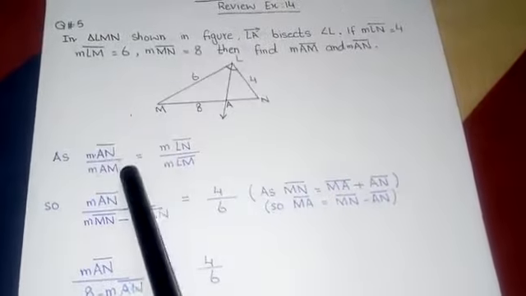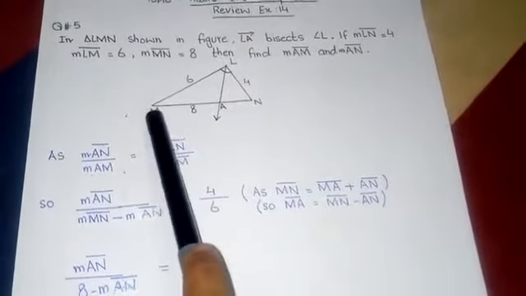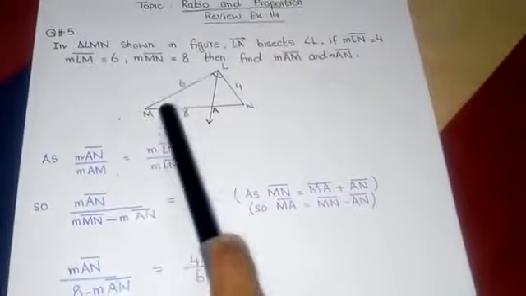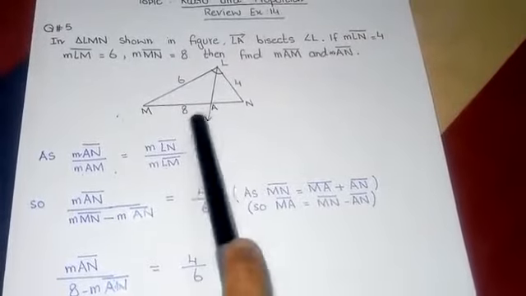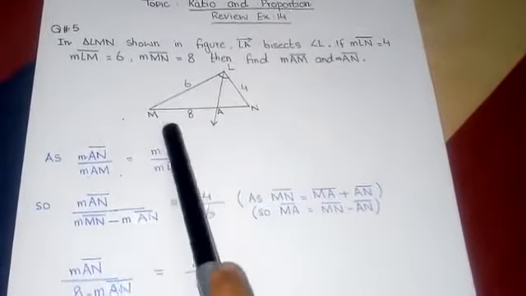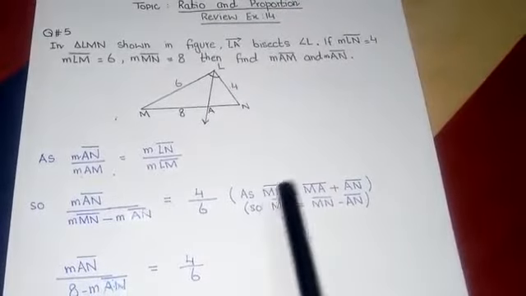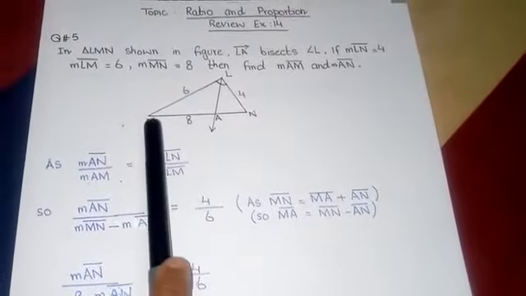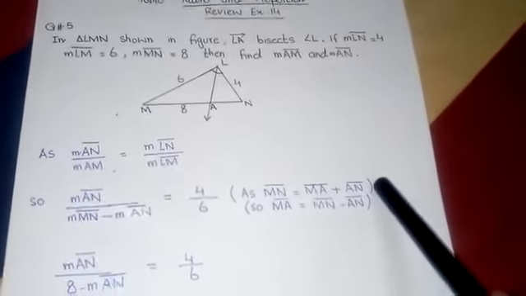But one thing we have been given is the total measurement of this side, MN. So here we can see the value of MN is 8. And MN is the combination of MA and AN. Here I have written MN is equal to AM plus AN. Here is the equation.